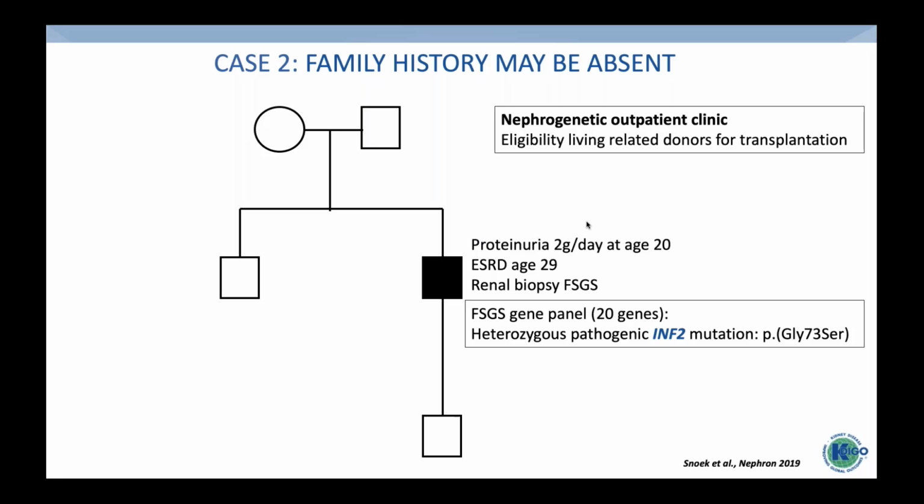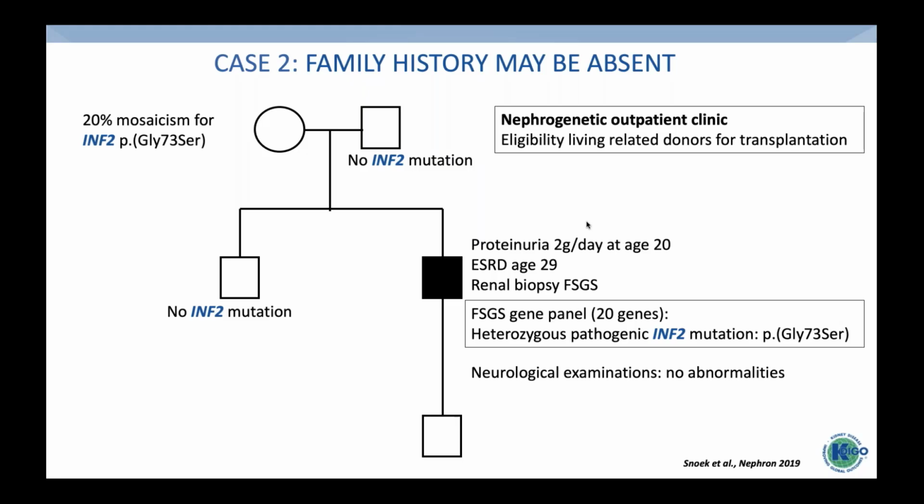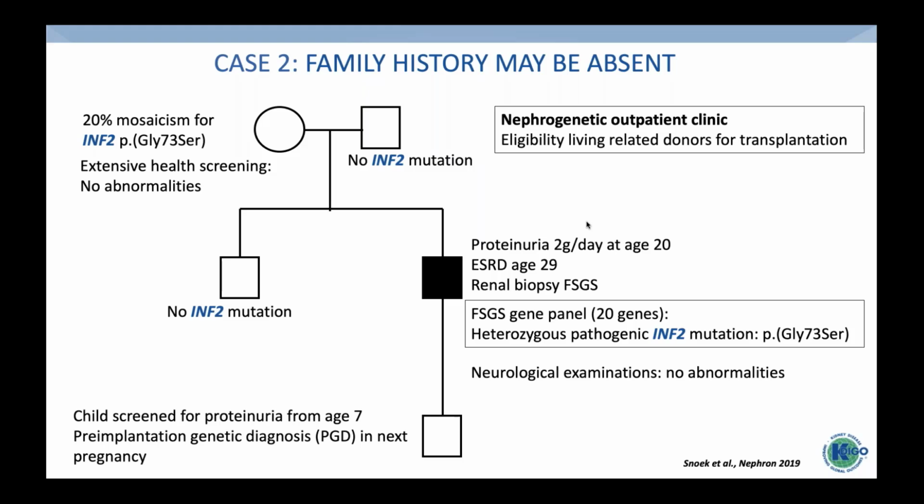Then we tested his family members. His brother didn't have the INF2 mutation, and his father also not, but his mother appeared to be a mosaic for this mutation. She had the mutation in 20% of her cells and not in 80% of her cells.